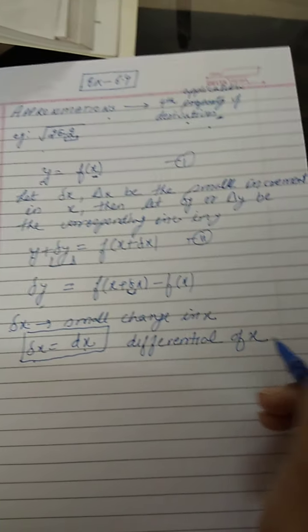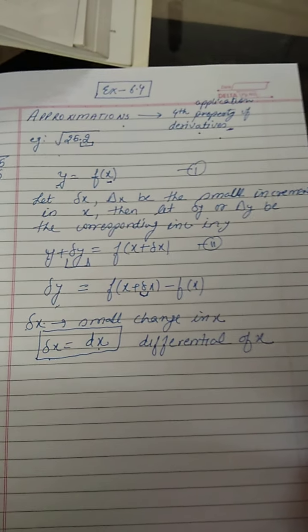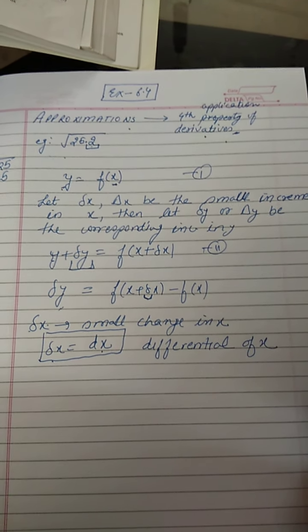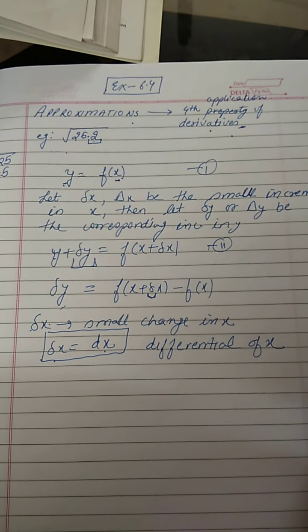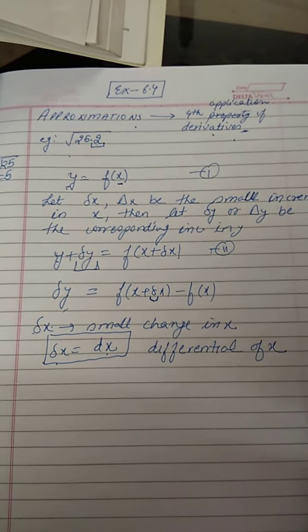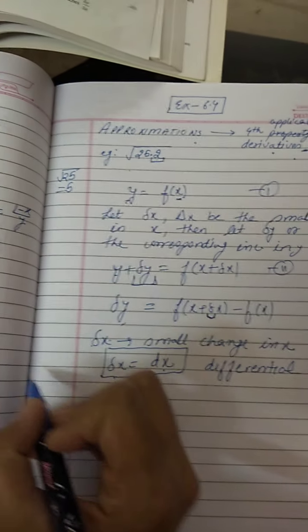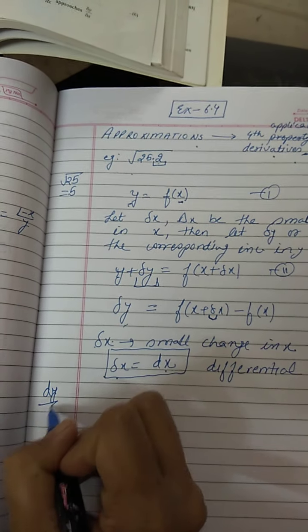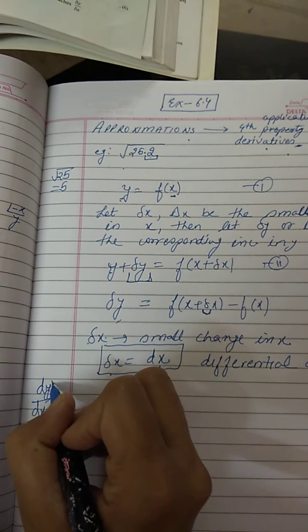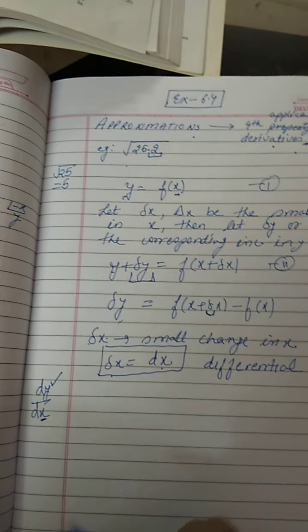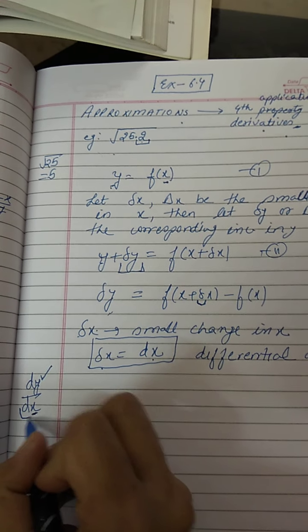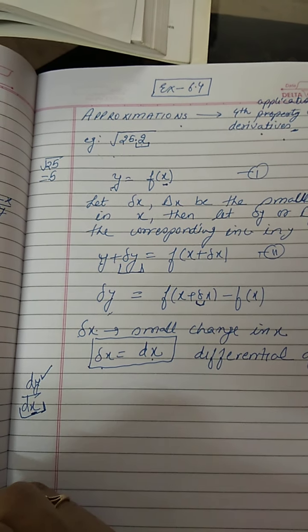Because if you remember in the derivative part also, when we write dy by dx, what does it mean? It is the rate of change of y, where y is the dependent variable, with respect to change in x, and this dx is representing the change in x.